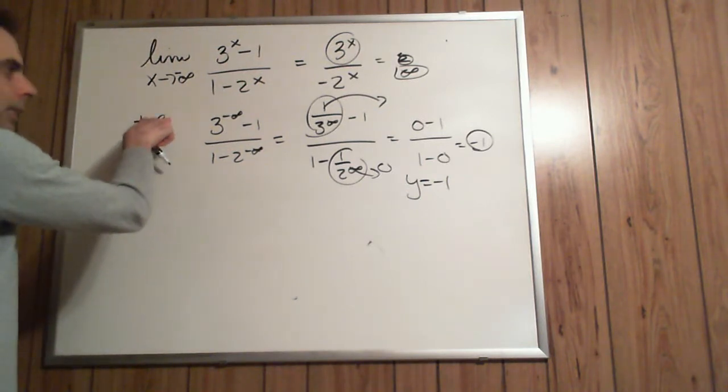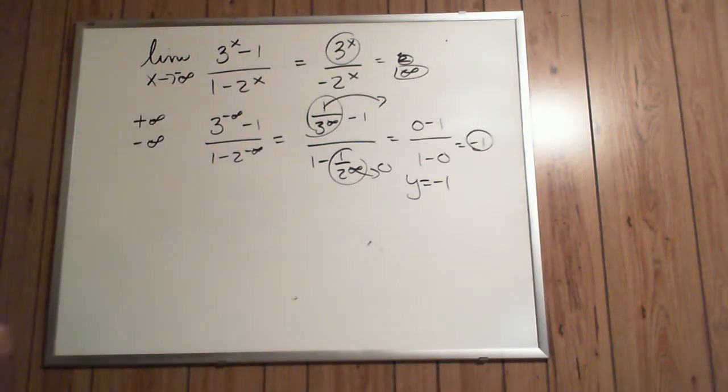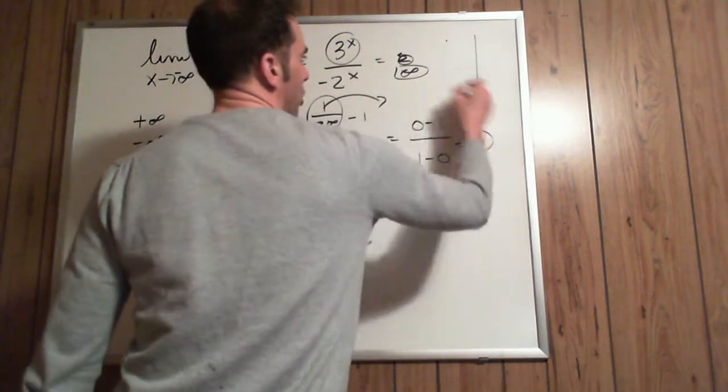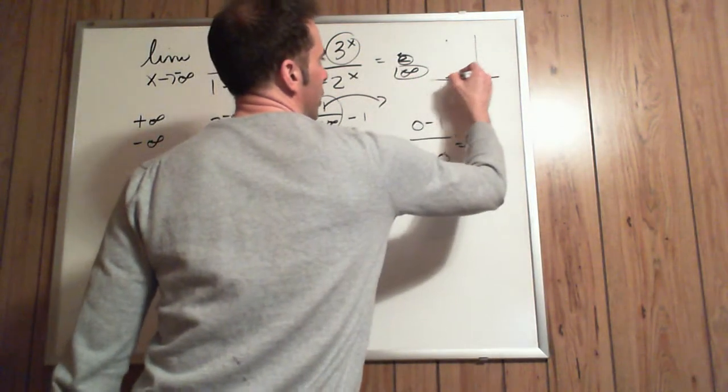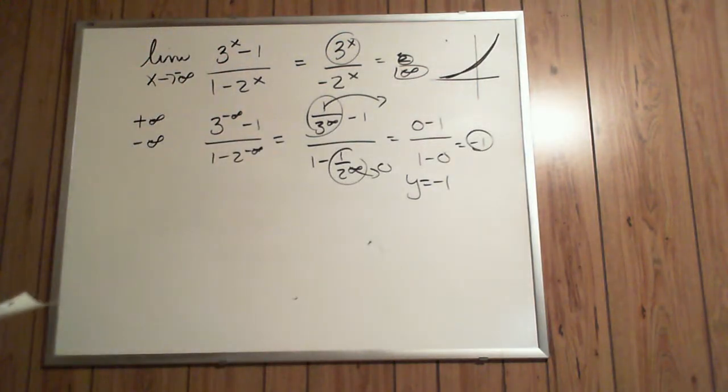In the positive infinity direction, we don't have a horizontal asymptote. We don't always have to have two horizontal asymptotes. We can have only one, perhaps in one direction. Like an exponential function, out towards negative infinity, we approach 0. We don't always have to have two.